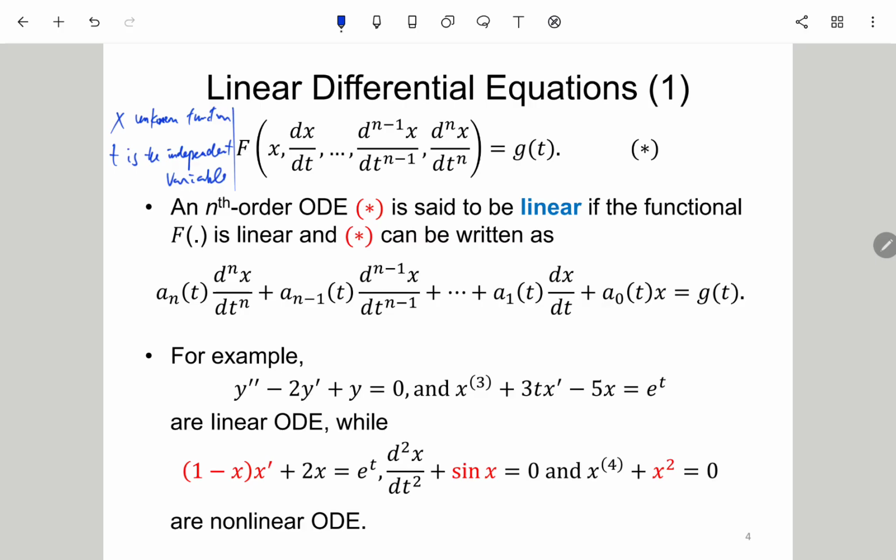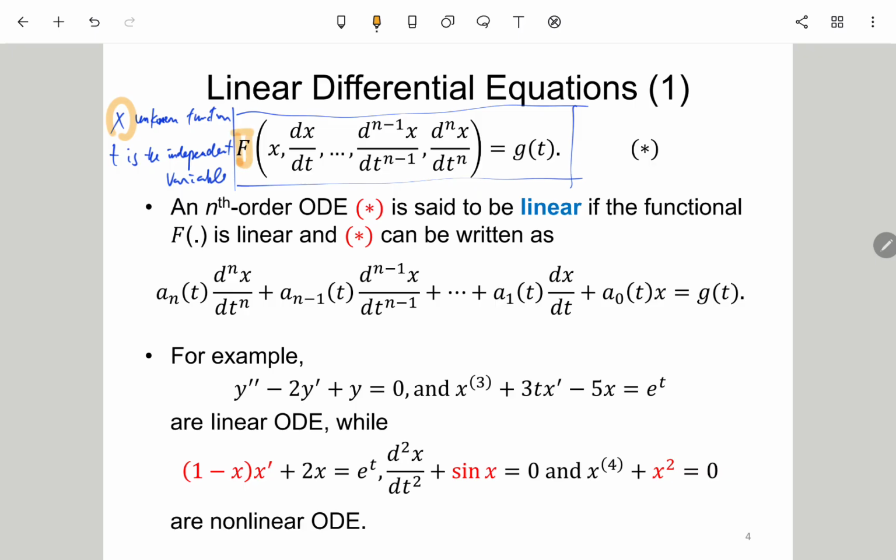In that case, all linear differential equations can be written in this form. It's a little bit abstract, but the idea is that we collect all the terms with x on the left side, and this is f.